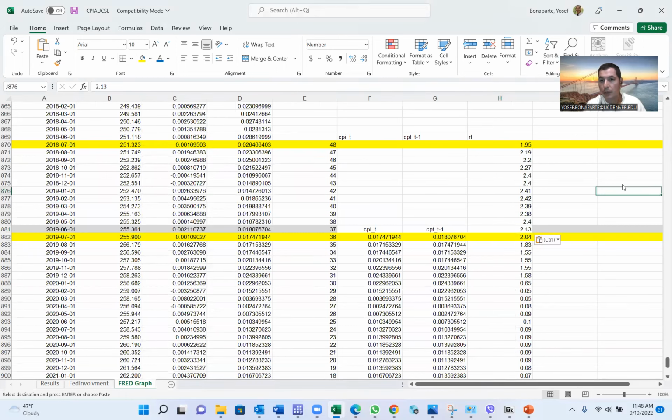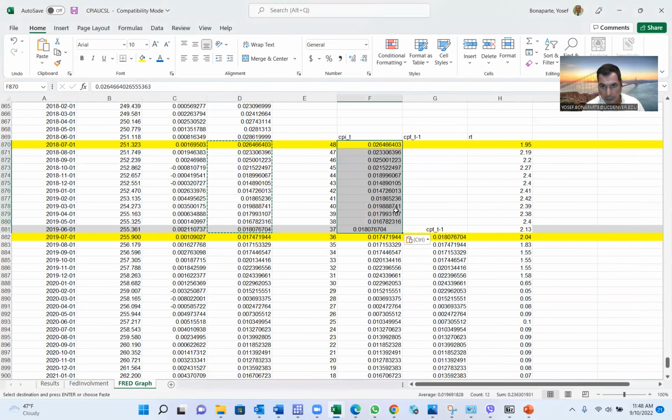What's your homework? Your homework is to get the numbers for CPTI and CPTI minus 1. In this case, CPTI is these numbers. With values. And then CPTI minus 1 without the gray number.